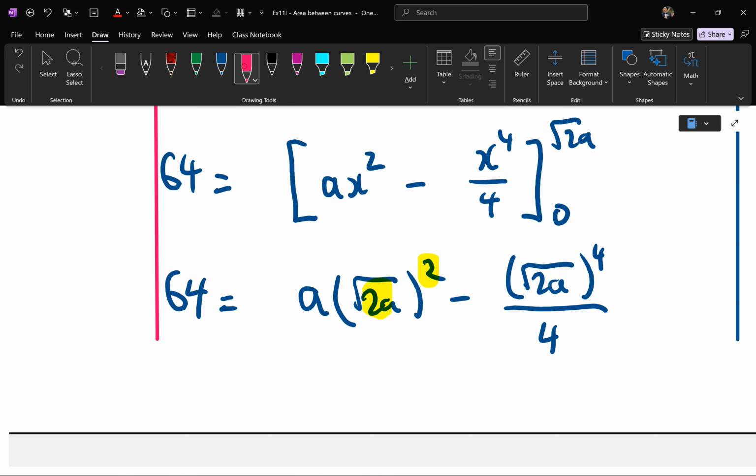The squares and the square roots should cancel out. So you should have 2a times a. This should simplify to 2a squared. This one really just means square the root 2a and then square it again. So if you already know that this is 2a, and you square it again, that just means 2a all squared. It should be 2a times 2a, 4a squared.